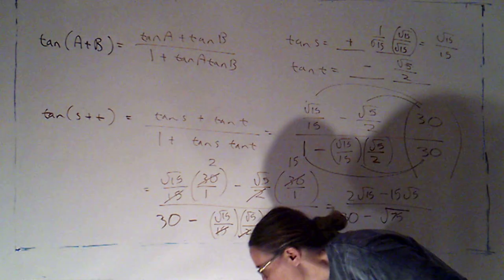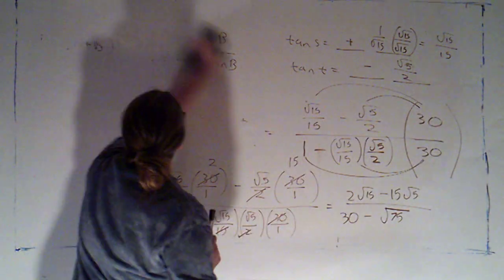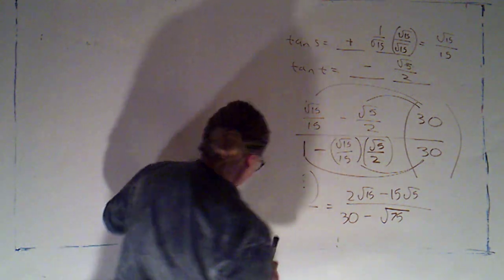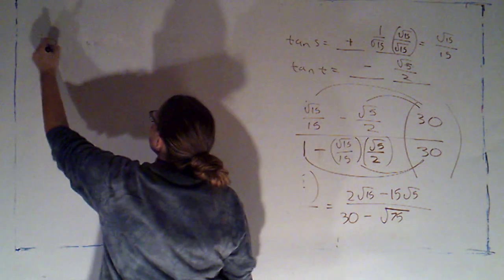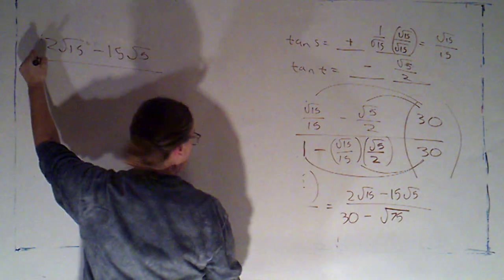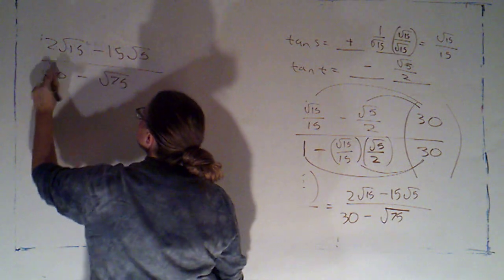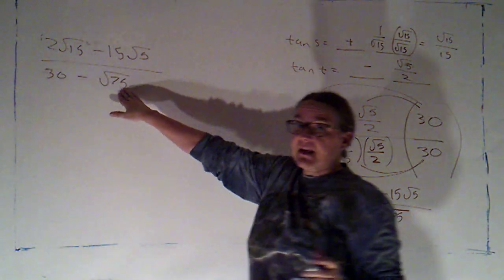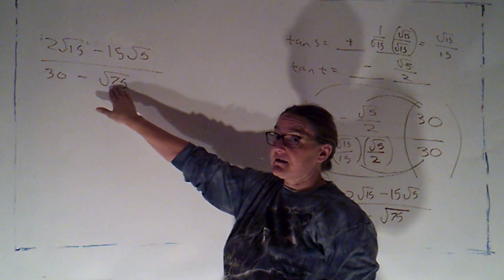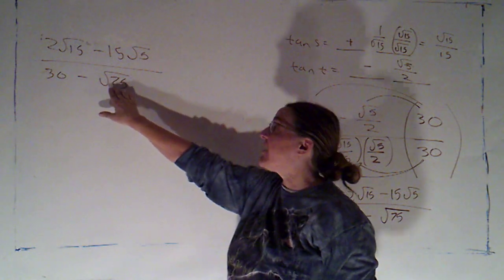Okay, so I'm still not done. Let me just come over here, clear some space, and copy how far we've gotten. So I've got 2 root 15 minus 15 root 5 over 30 minus the square root of 75. And that's what's keeping me from being fully simplified here, because A, it's a square root in the denominator, and B, I can pull out a 5.